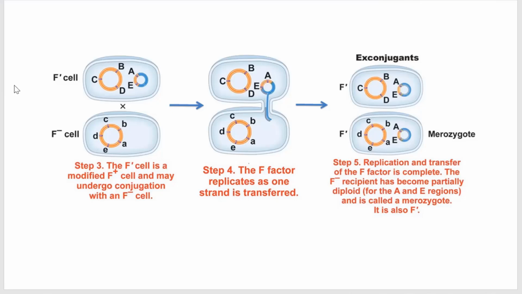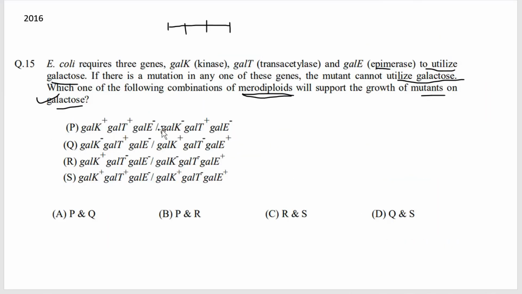Here also the same thing has happened in the question. They are telling us the merodiploids are there. Only those merodiploids will be viable in galactose media in which all three genes are present. Let's see.